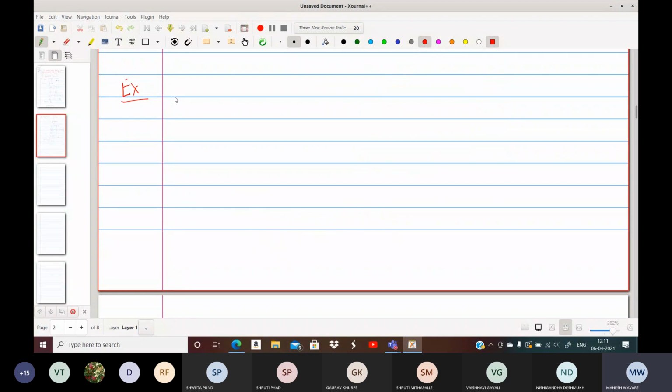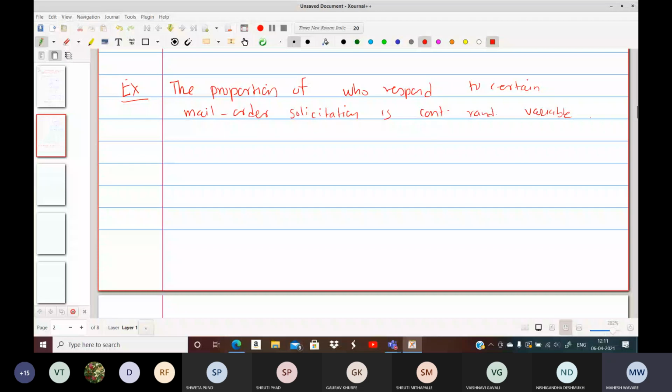The proportion of people who respond to a certain mail order solicitation is a continuous random variable denoted by x, and that has a density function given below.